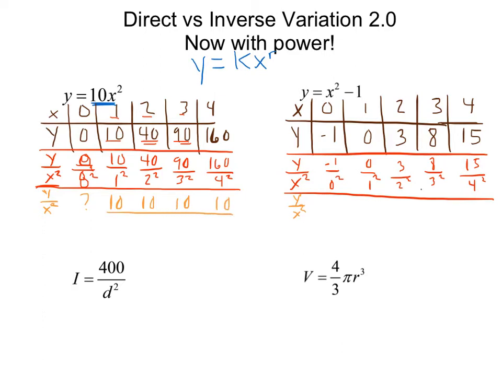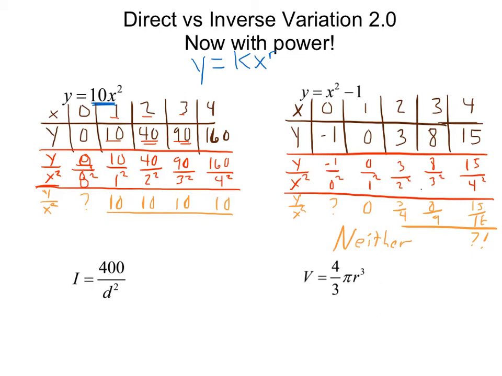Those are all 10s. Whereas on this side I got undefined, 0, 3/4, 8/9, 15/16. These numbers are changing all the time. There's no constant proportionality. So this one over here is going to be neither. It is not direct. It is not inverse.